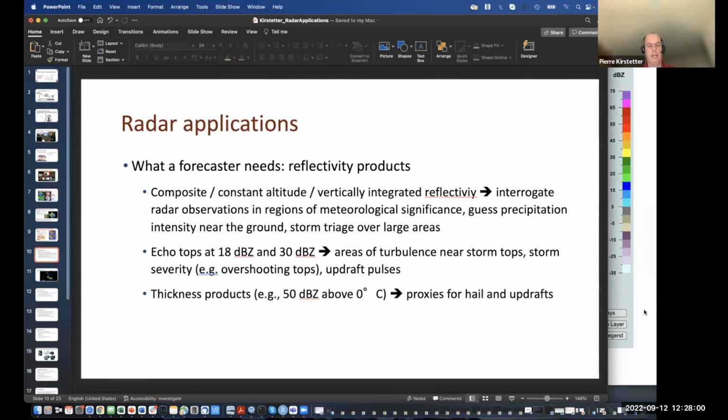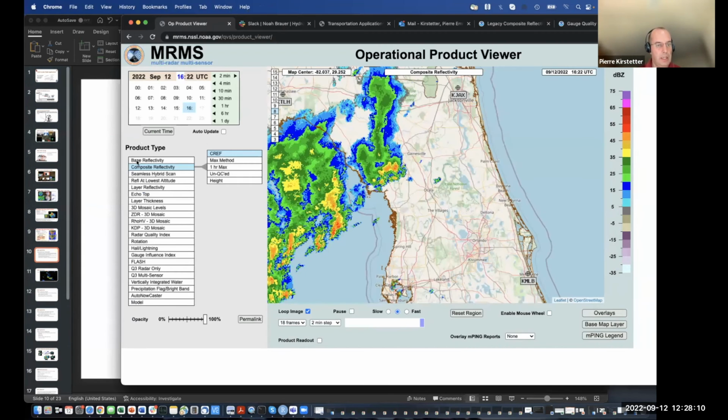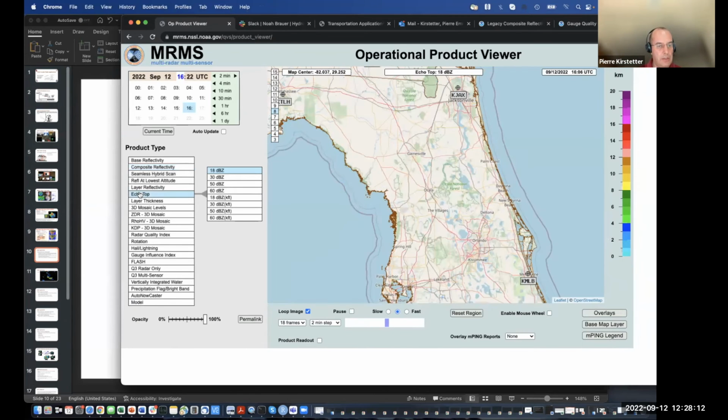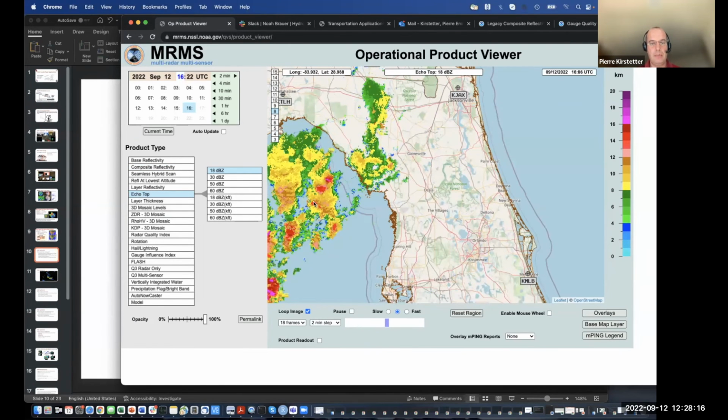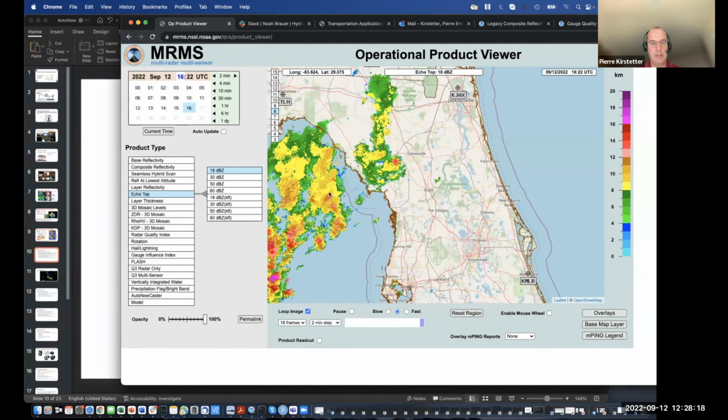So because a radar provides a 3D view of the storm system, you can get some information about the vertical development of storms. And for that, we can look at the echo tops, for example. Remember here, we had some high intensity.